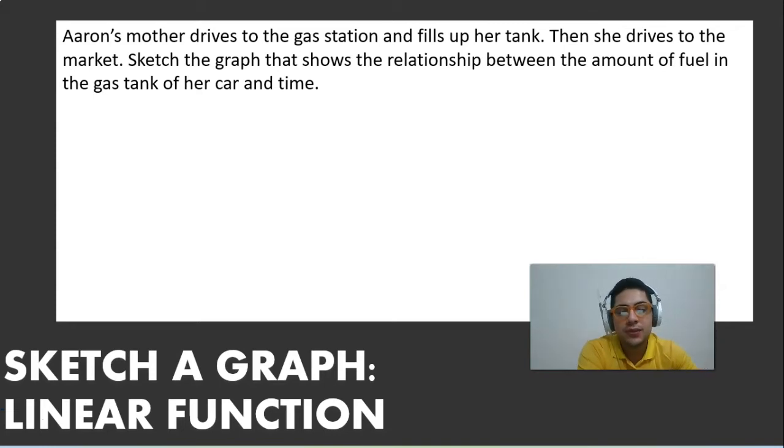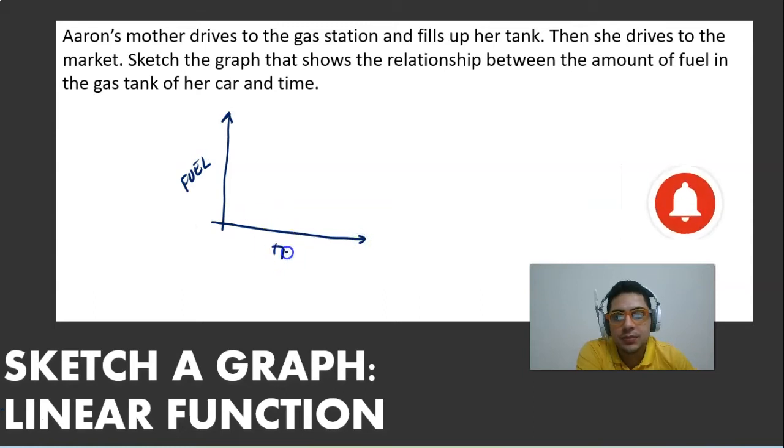In the first one, Aaron's mother drives to the gas station and fills up her tank. Then she drives to the market. Sketch the graph that shows the relationship between the amount of fuel in the gas tank and her car and time.